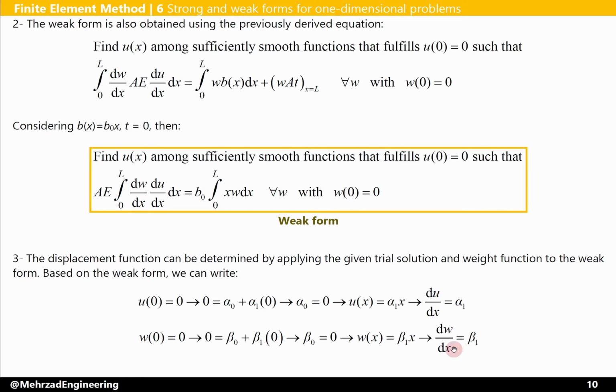Now we need the first derivative. If we take the first derivative of u and w, for u it is equal to alpha 1 and for w it is equal to beta 1. Now we want to apply these first derivatives of u and w into the weak form.